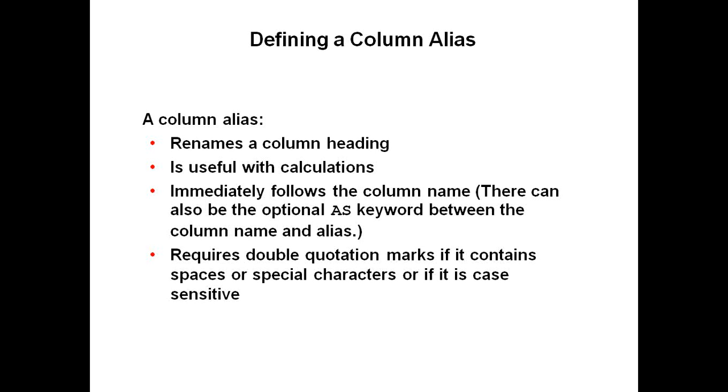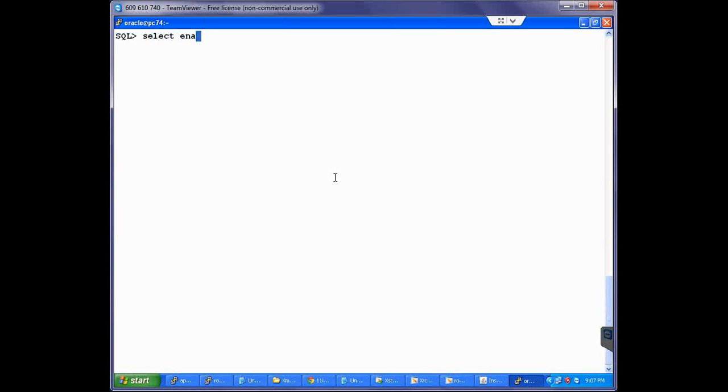Let us go and see practically how this is going to work. So I'm writing the same statement, but here what I am saying is salary into 12, but instead of displaying this as salary into 12, I am going to display that as annual salary, or I can write annual_salary, from EMP.